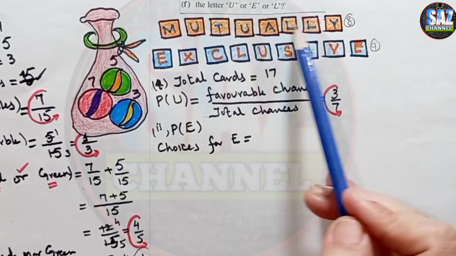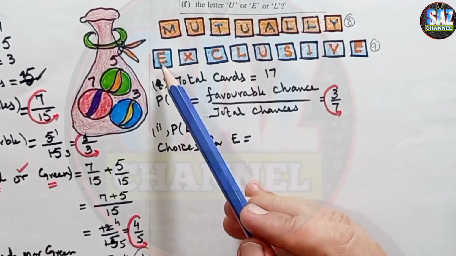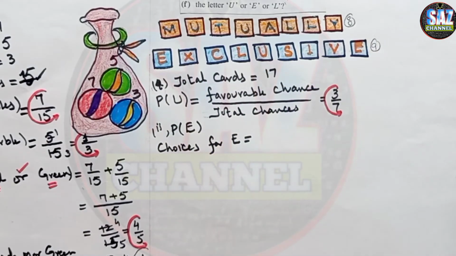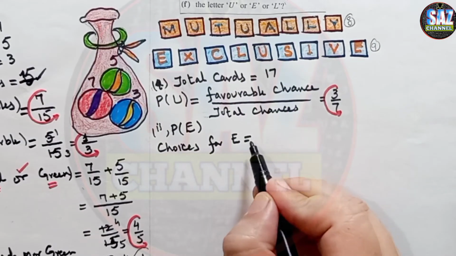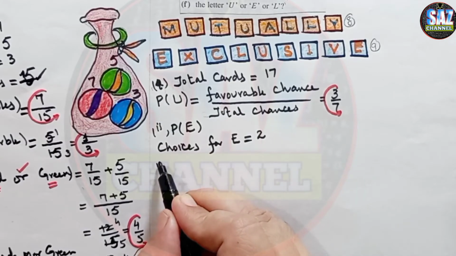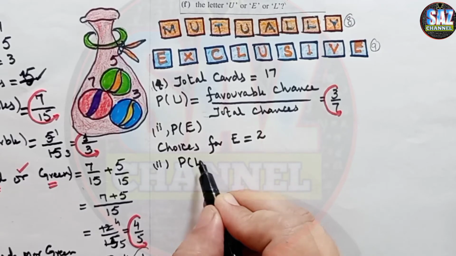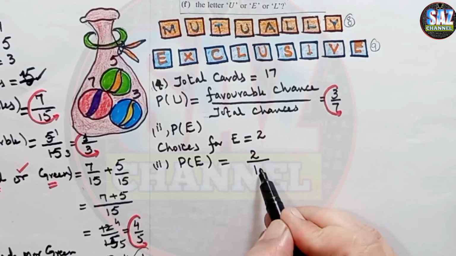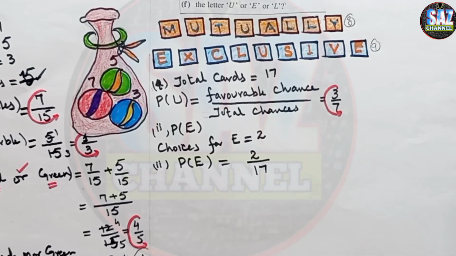Mutually we do not have any E, and then exclusive has 1, and then ending at E again, 2. So probability of E will be equal to 2 by 17. I hope this is clear to my students.